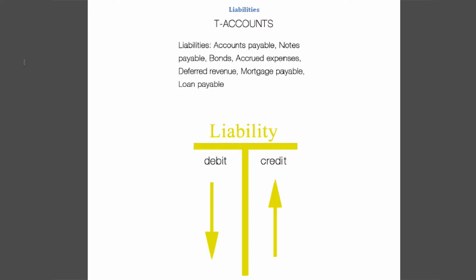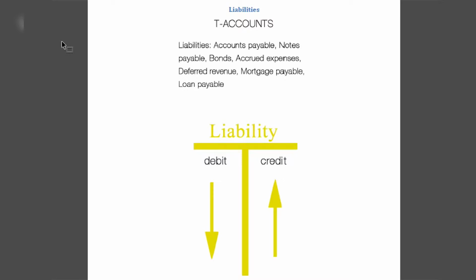Notes payable is kind of a catch-all for debt. That's stuff you owe, and might be a short-term loan. Bonds are money borrowed. Accrued expenses can be things such as wages. Deferred revenue may be cash that you have received but haven't yet earned, so that's a tricky one. Then a mortgage payable and a loan payable.